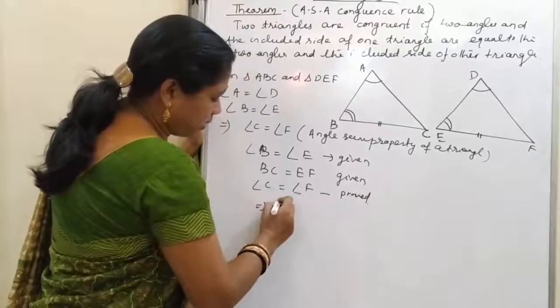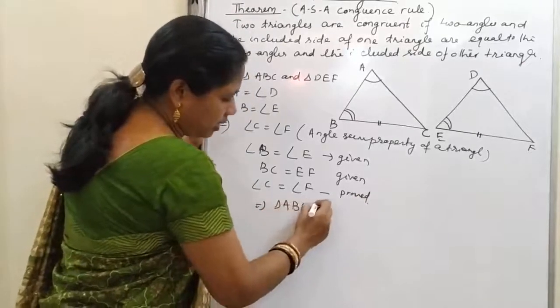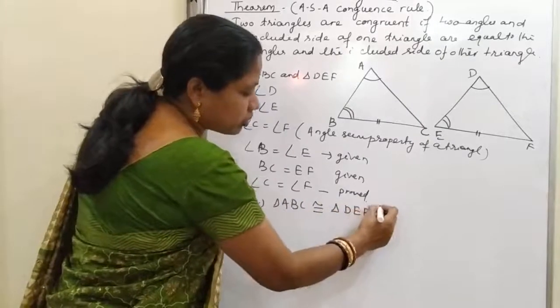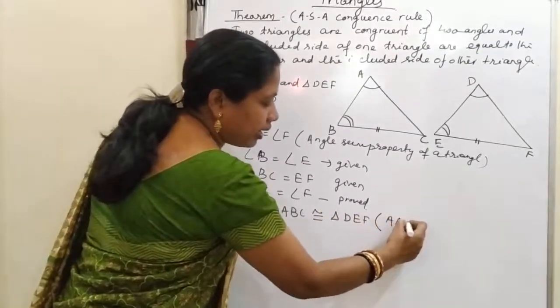So this implies triangle ABC is congruent to triangle DEF. So this is the condition AAS.